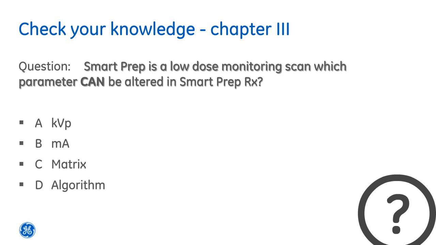So whatever parameters you use for your baseline scan, aside from mA, are going to remain the same. So we can't alter the algorithm, we can't alter the matrix, we can't alter the kV. All we can do is alter the mA.